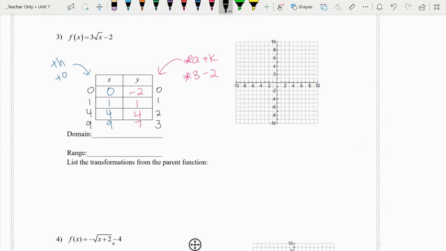We have 0, negative 2, 1, 1, 4, 4, and 9, 7. So much wider one. So domain, our h value is 0, so it's going to be 0 to infinity. Our range is going to be k to infinity, which is negative 2 to infinity.